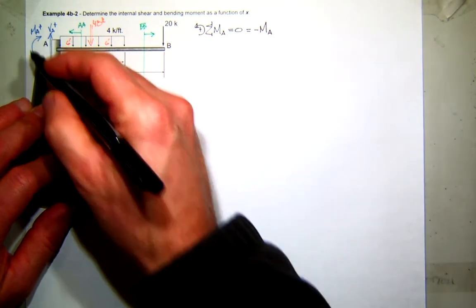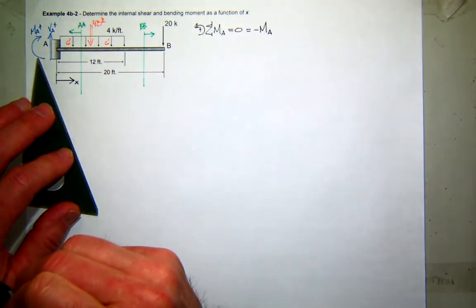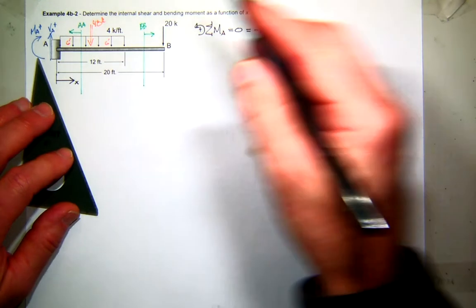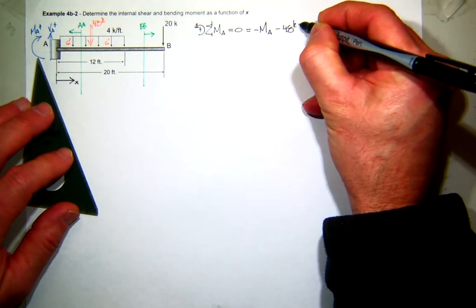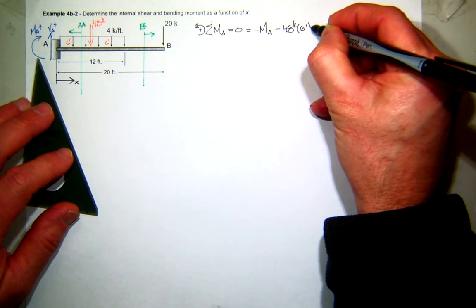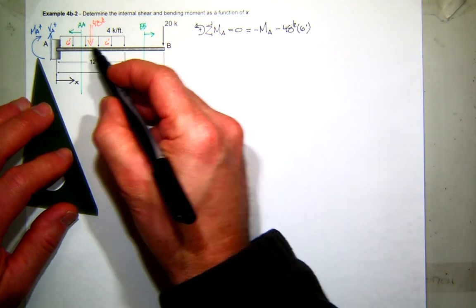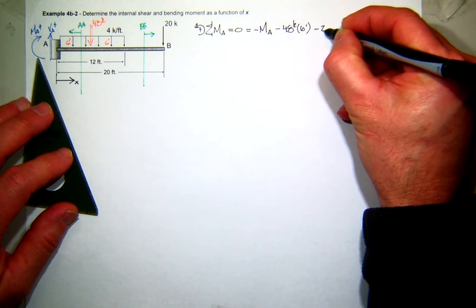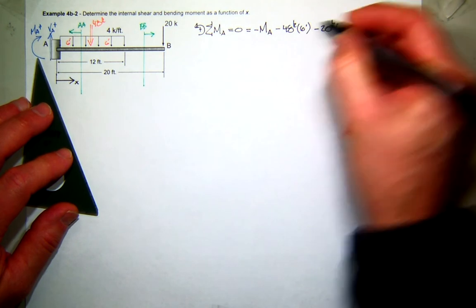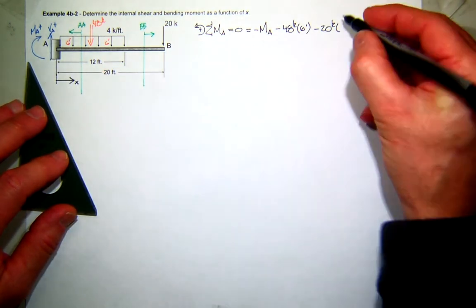It's a positive bending moment, but I'm assuming it's negative for my accounting. The 48 will also be negative, so I have 48 kips times its moment arm, which is 6 feet. And then this force out here at the free end also creates a negative moment. The force is 20 kips, and the distance is 20.